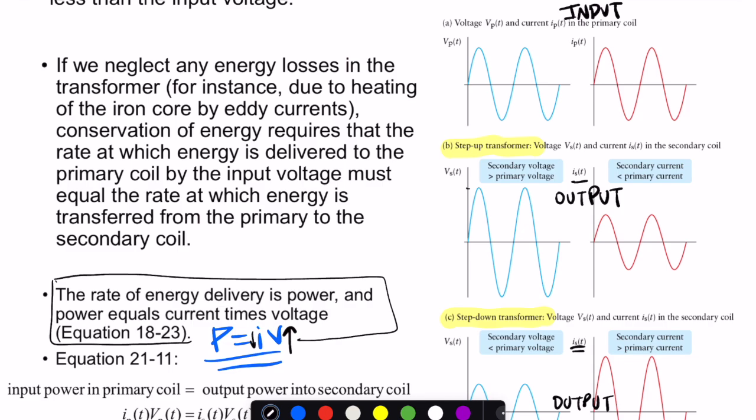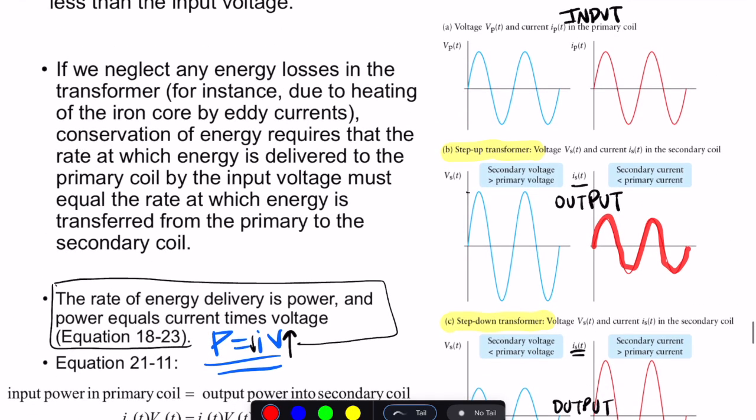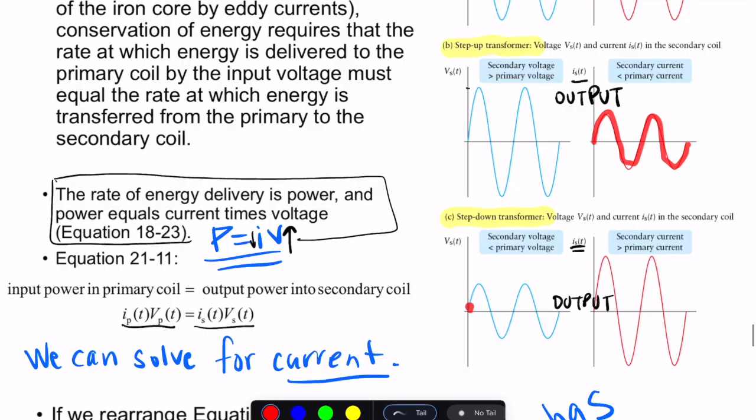In a step-up transformer, the output voltage increases, so we have a larger amplitude now. But what happens to the current? The current actually shrinks. Opposite case for a step-down transformer: the voltage decreases, but the current increases.